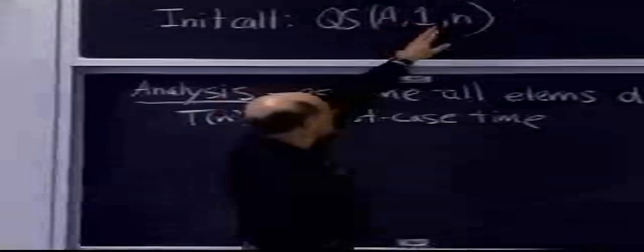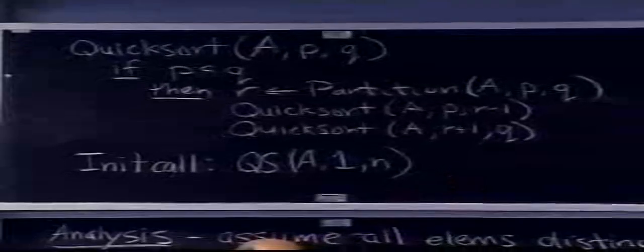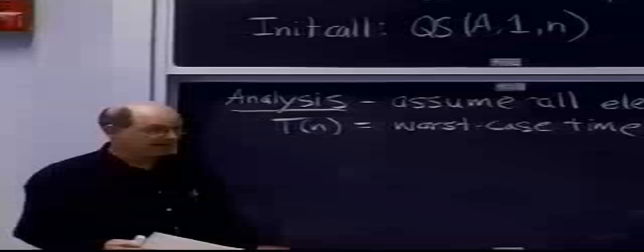Why? What happens when it's already sorted? It picks out the first element, and then it recurses on no elements on one side and n minus 1 elements on the other side. So the split is a 0 to n minus 1 split. And then it does that every subsequent step.